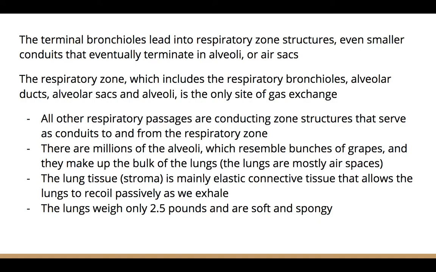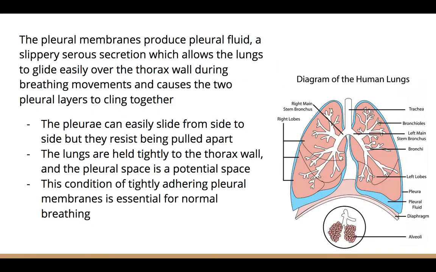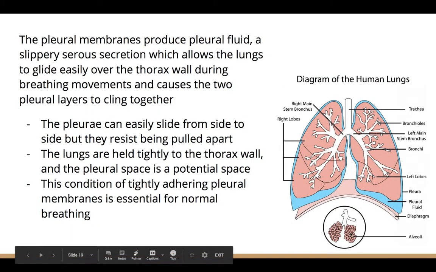The terminal bronchioles lead into respiratory zone structures, even smaller conduits that eventually terminate in alveoli or air sacs. So going back a few slides, this picture right here is a picture of the alveoli.